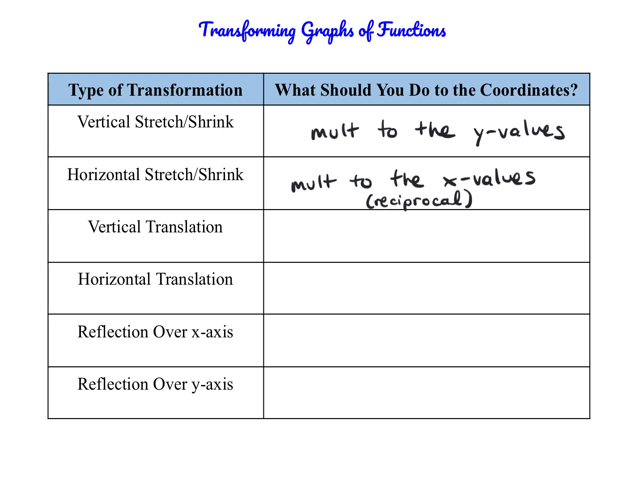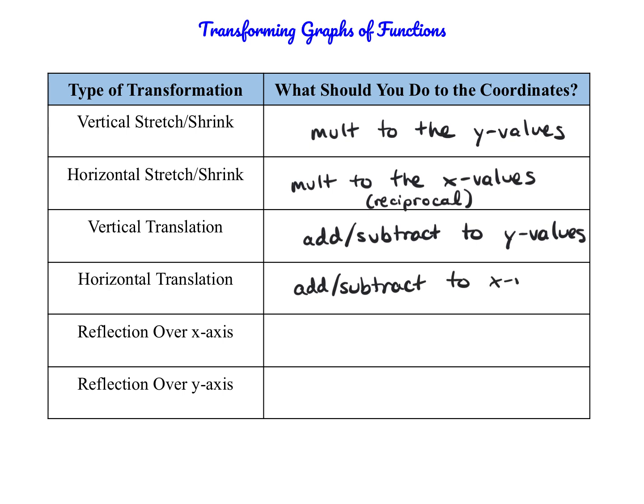For a vertical translation, we're going to add or subtract, and we're going to do that to the y values of our coordinates because it's vertical. And for a horizontal translation, we add or subtract to the x values.